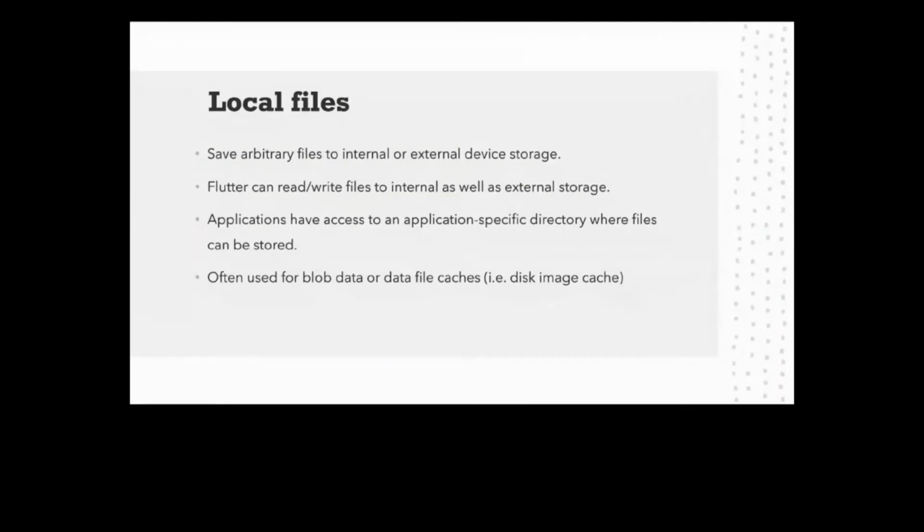That directory is not accessible by any other app, it's only accessed by the app you develop. So when you decide to store your information in a local file, it will only belong to that app. This is used mostly, for example, when you want to store some blob data or do file caching. So caching requests in a file, you can do that using local files.